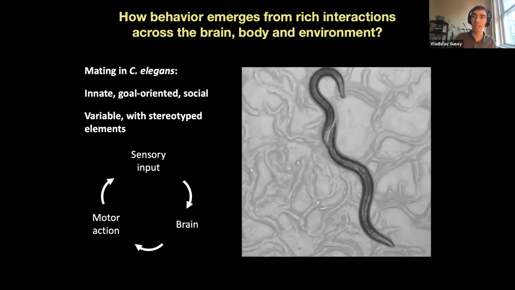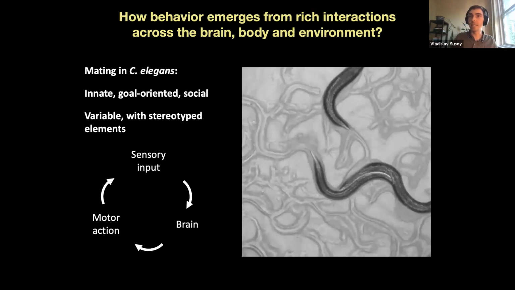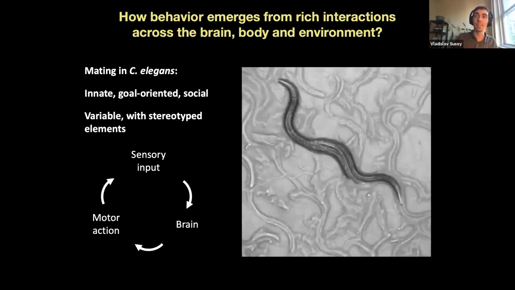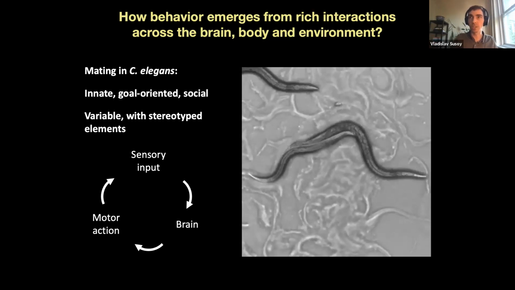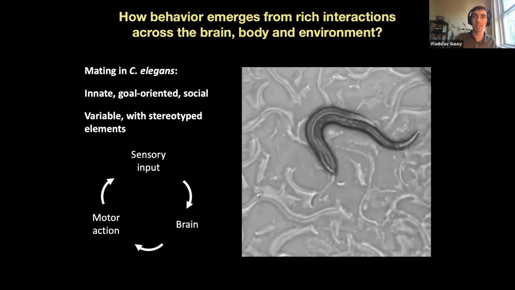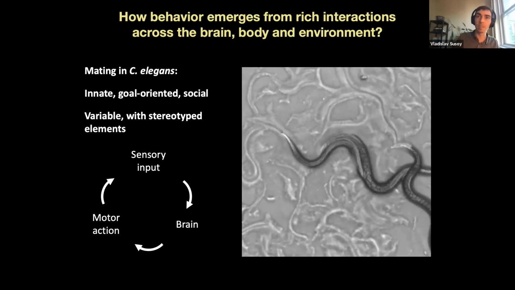So these are conserved behavioral elements. As a summary introduction to the behavior, this behavior is innate, it's social, it's goal-oriented, and the behavioral trajectory of these animals is variable, but it has stereotyped elements.